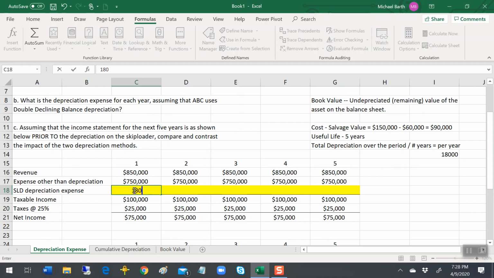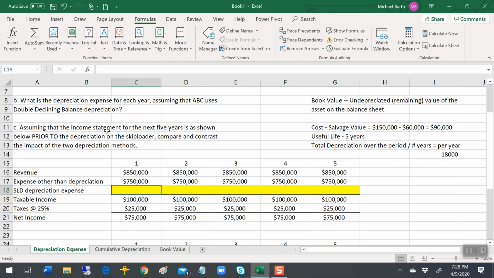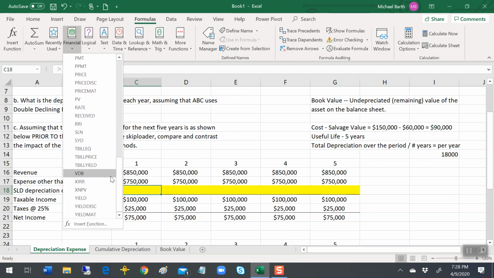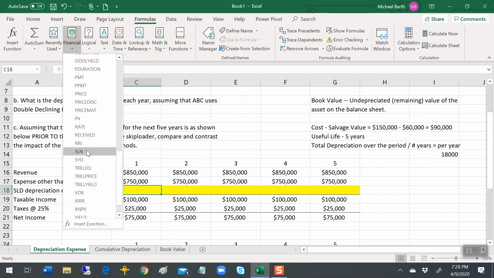Now I could just type in 18,000 here, but after I've done all the arithmetic, another way of doing that is to use Excel's functions. Here's a financial function in here called SLN.